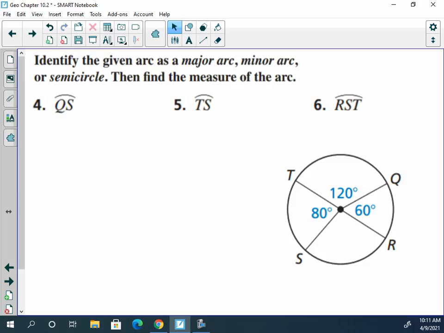Let's look at these three here because there's a second part to it I want to make sure y'all get, because finding the measures I know you feel comfortable with. Yes? So QS, so read the instructions. QS, what would QS be? So QS would be going from Q to S. So we don't know what SR is.